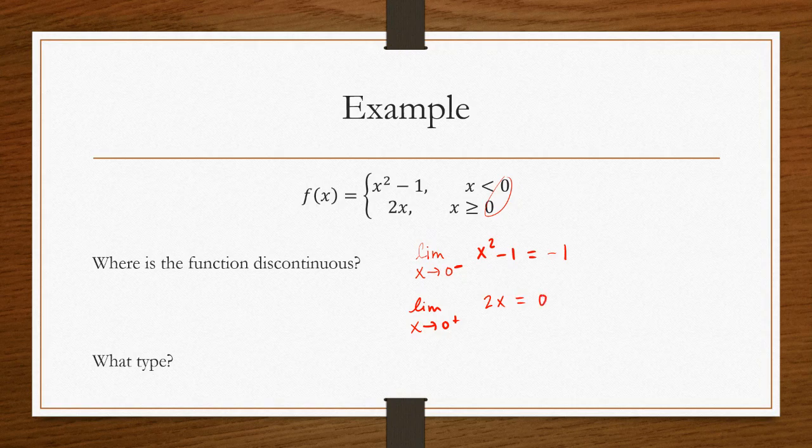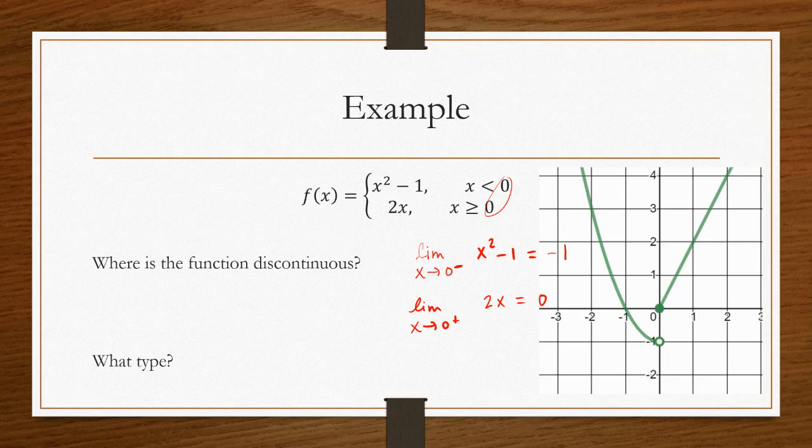Since those two limits don't match, that limit doesn't exist, and I have a jump discontinuity. So at x equals 0, it's a jump discontinuity. Those two limits don't match.